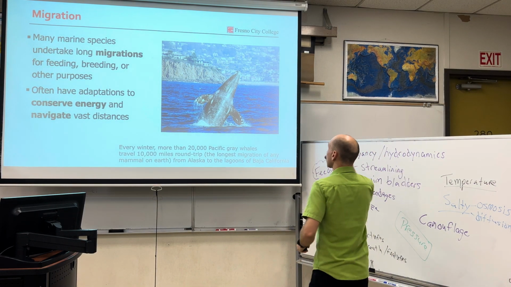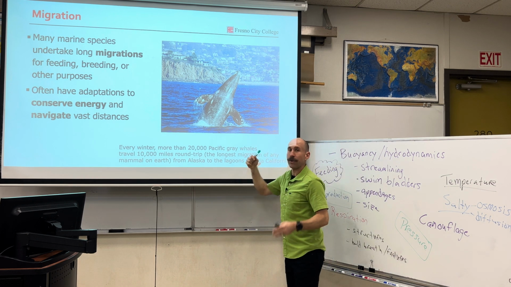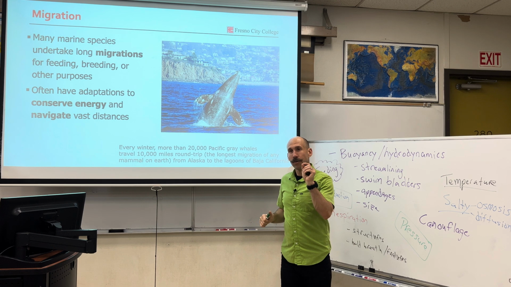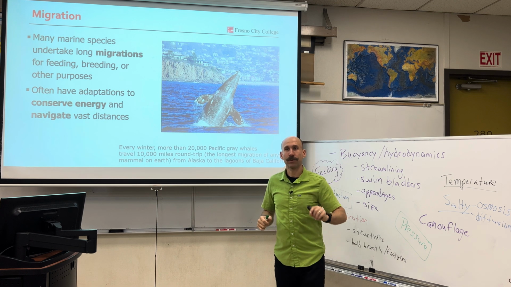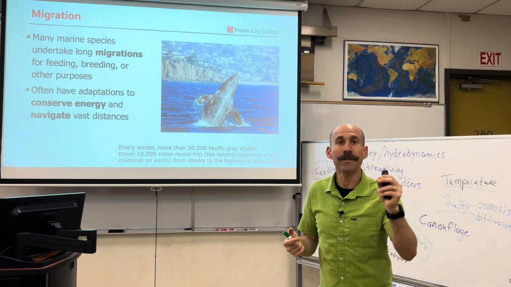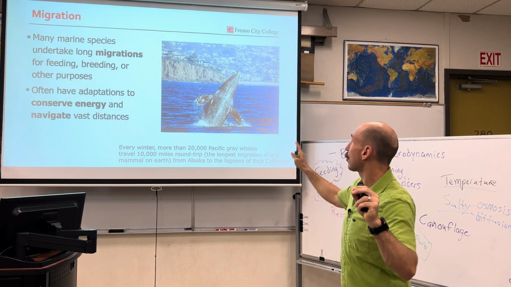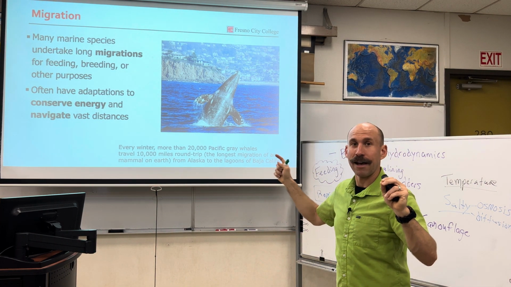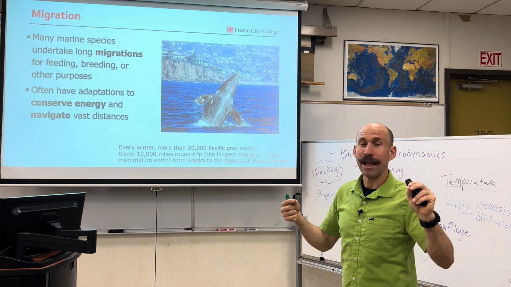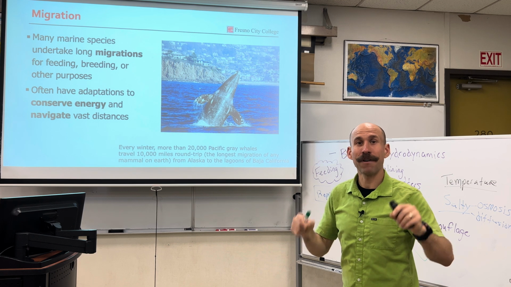And then the ocean is also so big, when we get into primary productivity, we'll see that in order for primary productivity to occur, we need sunlight and nutrients, and they vary by geography and season. So certain species have adapted to change their location geographically and seasonally to find food.